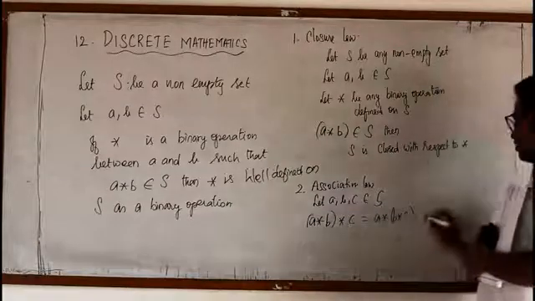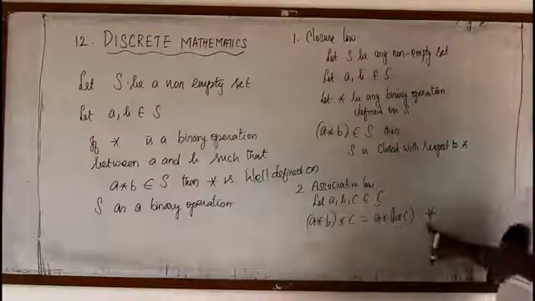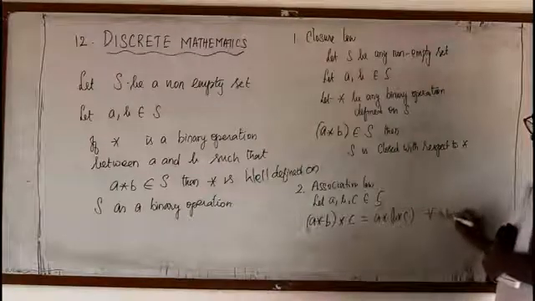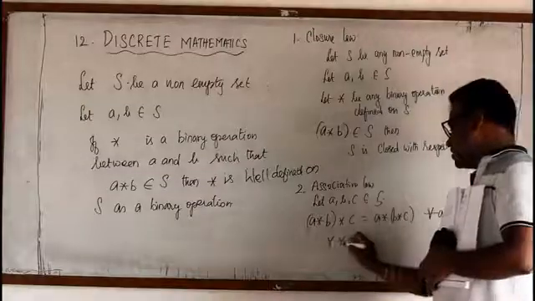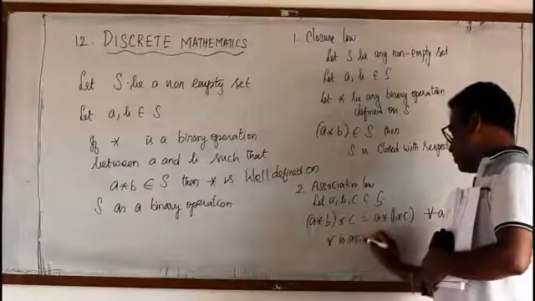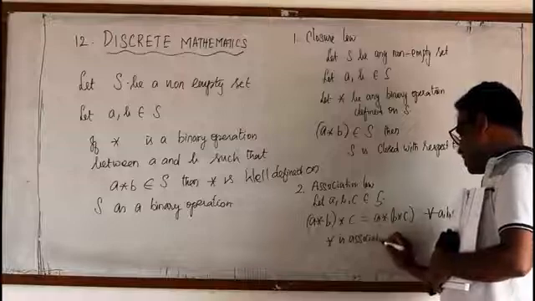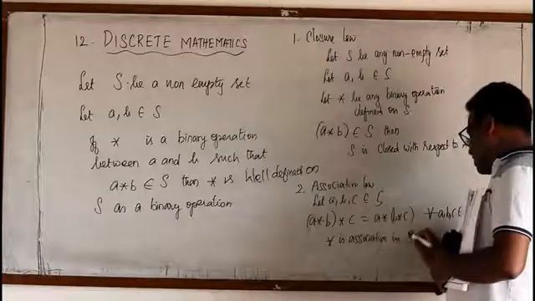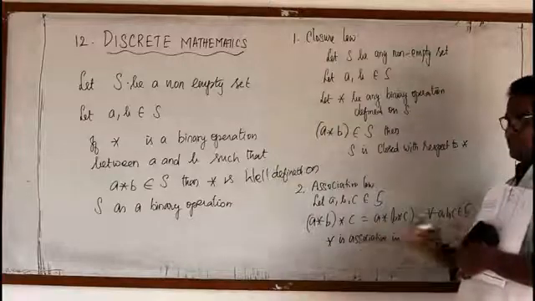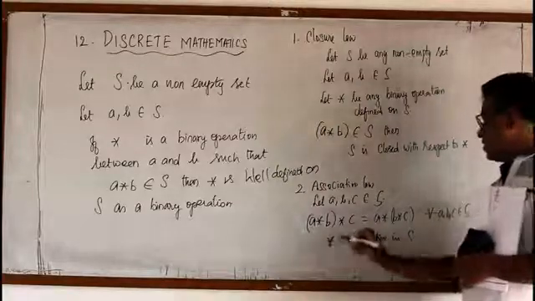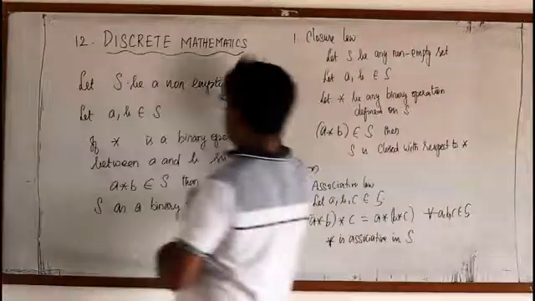If both are equal for all A, B, C belonging to S, then star is associative in S, or S has the associative law with respect to this star. This is called associative law.